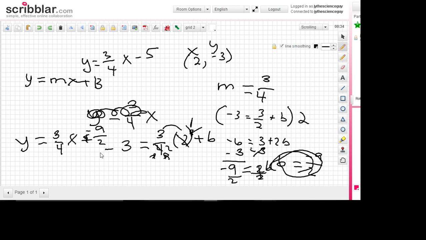So the question would be, what is the line perpendicular to that line through that point? And it'll look like this. It'll say y equals 3/4 x plus 6.